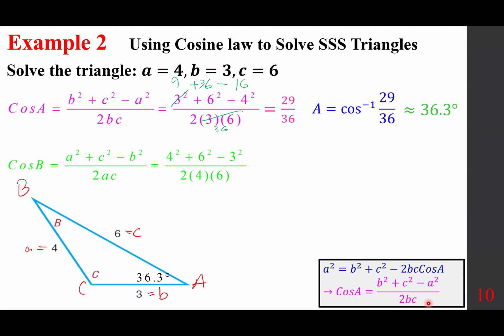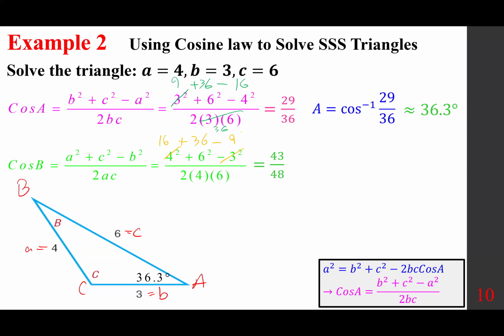Let's see what we have here. 16, 36 minus 9. So we get 52 minus 9, which is 43. The bottom is 2 times 4, 8 times 6, 48.